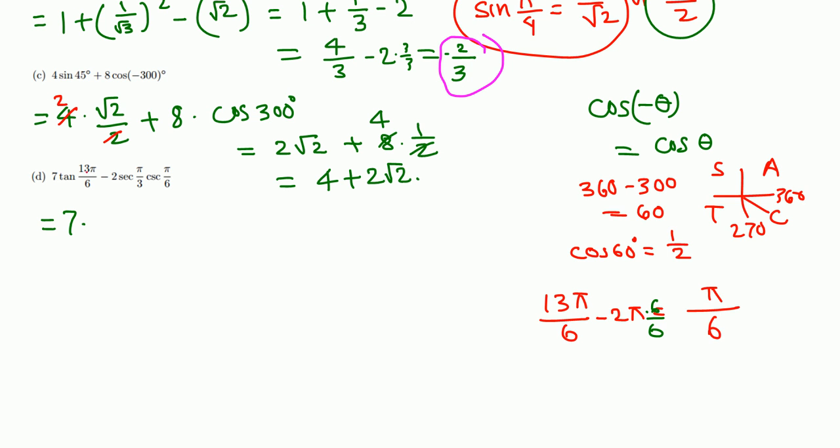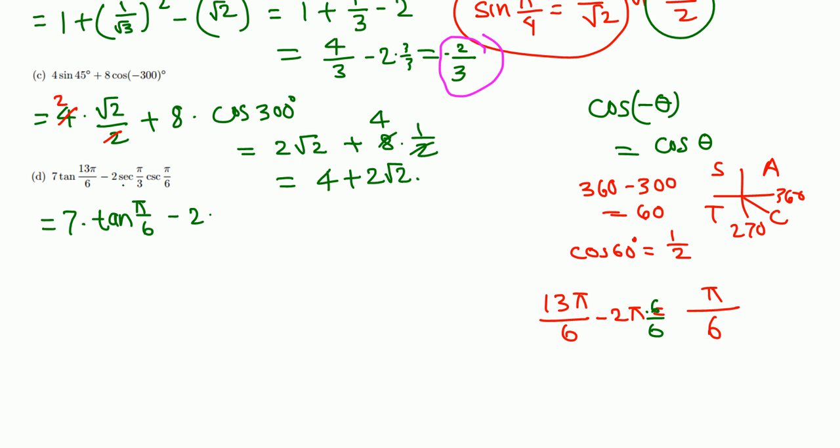So tangent of 13 pi over 6 is the same as tangent of the reference angle pi over 6, because 13 pi over 6 is in the first quadrant, and we had to write plus or minus. In this case, first quadrant, so everything is positive. So tangent of the reference angle, minus 2 times secant pi over 3.